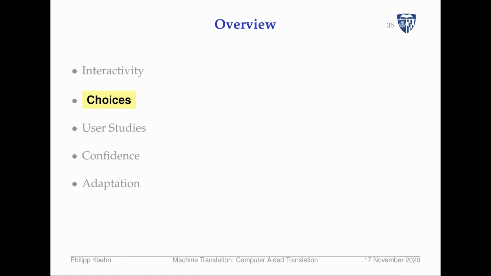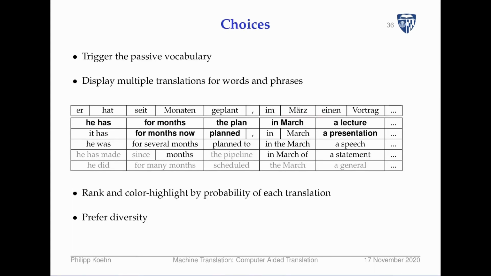Okay, let's move on to a different topic. Other ways to help translators in their work, which I call here choices, because we show the translator different translation choices that might be useful.